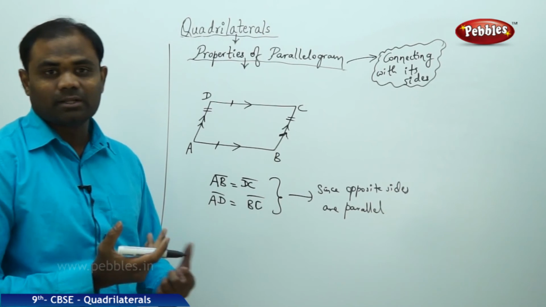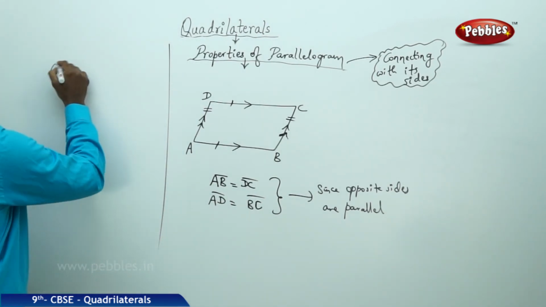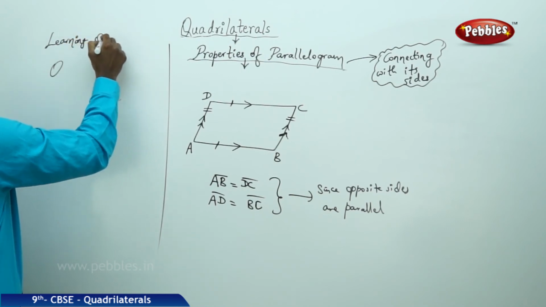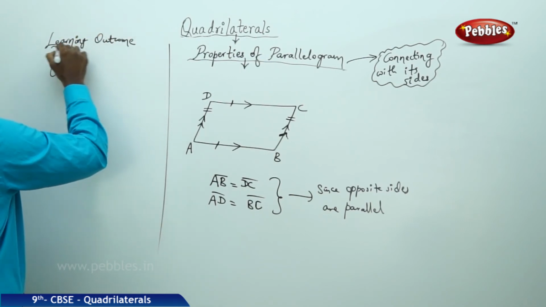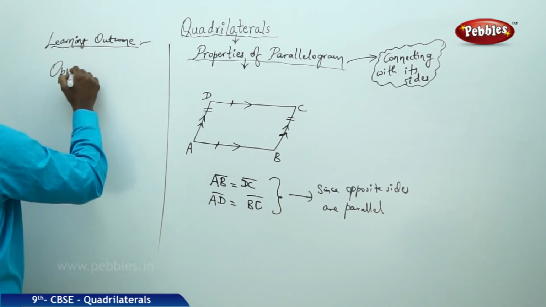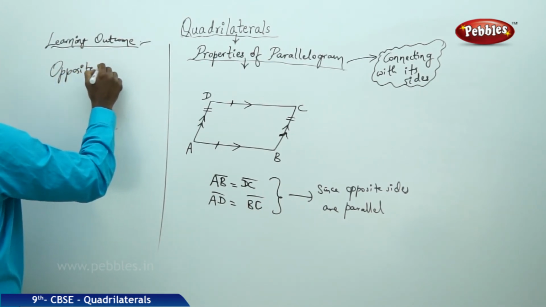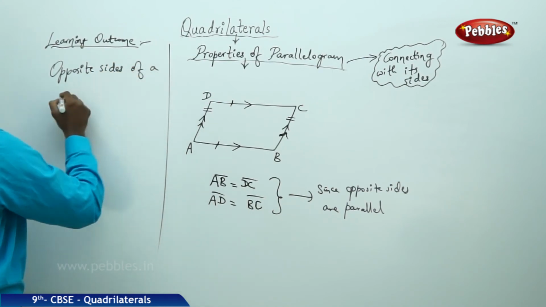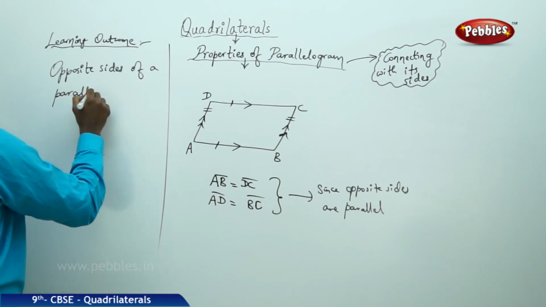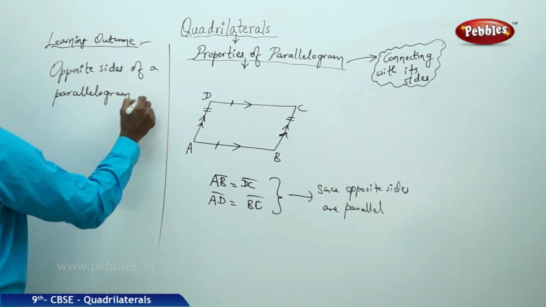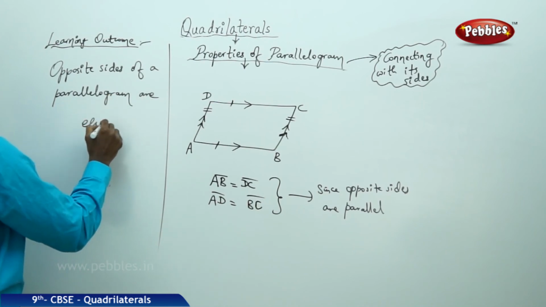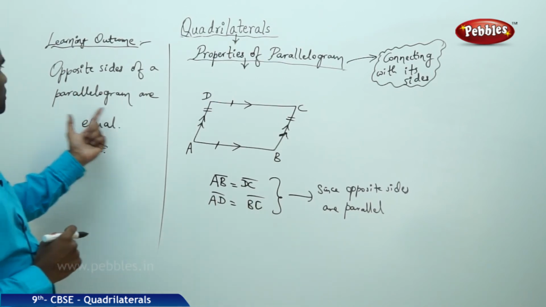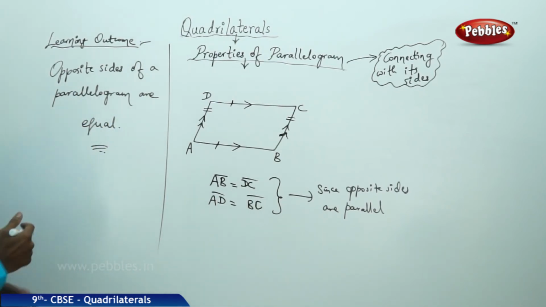Therefore, the learning outcome in this property is that opposite sides of a parallelogram are equal, as how I understand, opposite sides of a parallelogram are always equal.